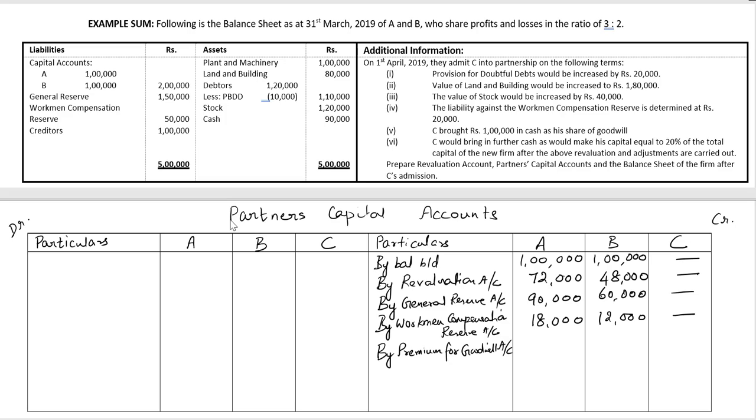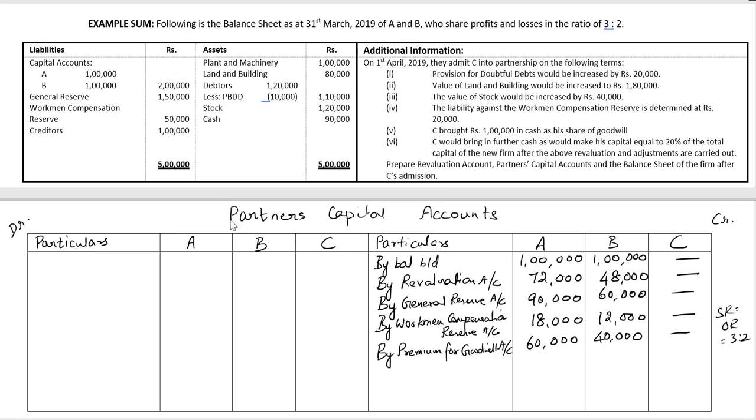There is no mention about the sacrifice or sacrificing ratio or the NPSR. So the sacrificing ratio is equal to the old ratio, which is equal to 3:2. So we have 60,000 against partner A and 40,000 against partner B.